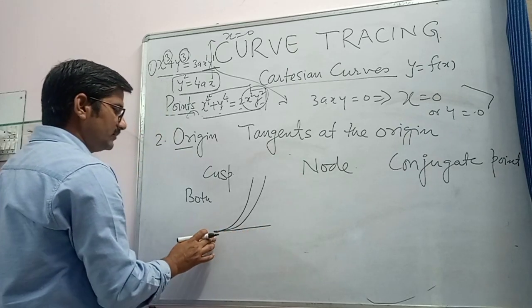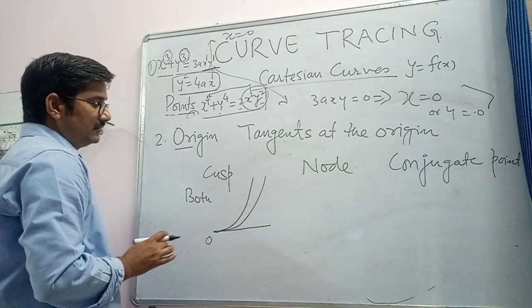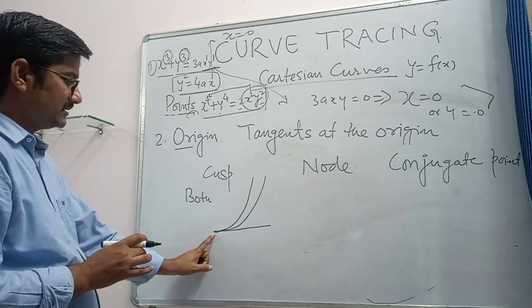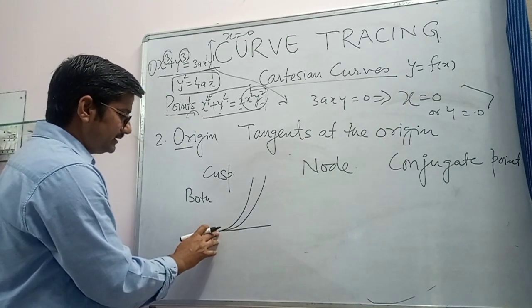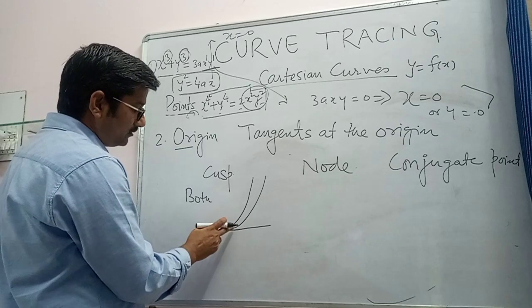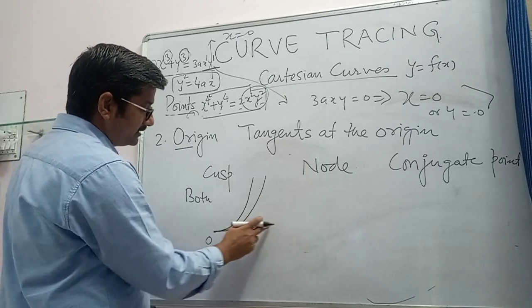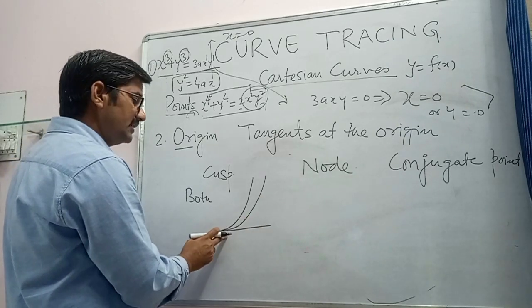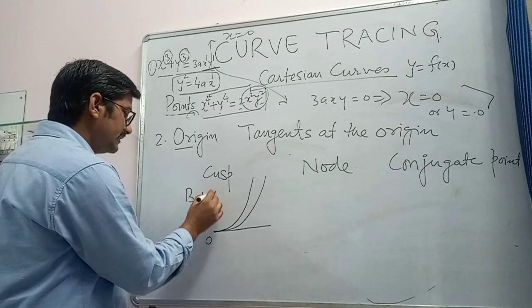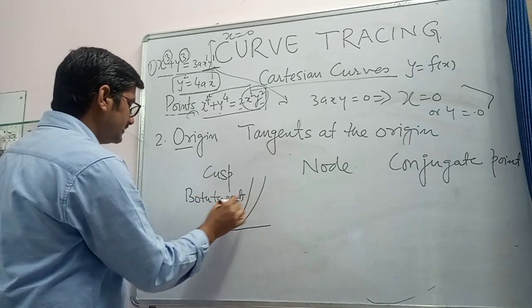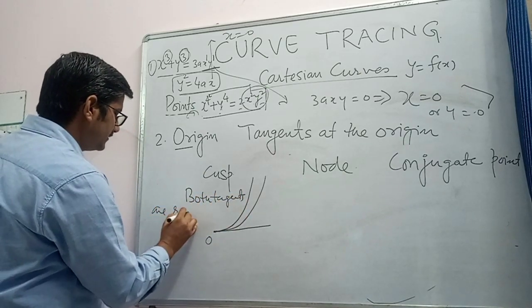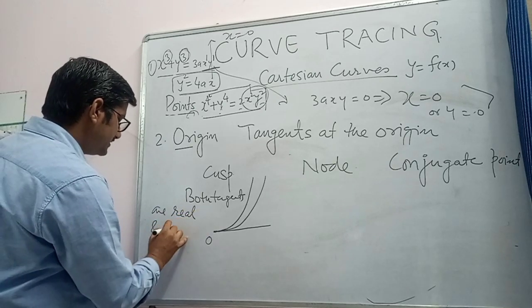Why is it a double point? Because the double branches of the curve pass through this point, and the tangent at this point for both the branches is the same. So the tangents are real, and both tangents are real and coincident. Okay.